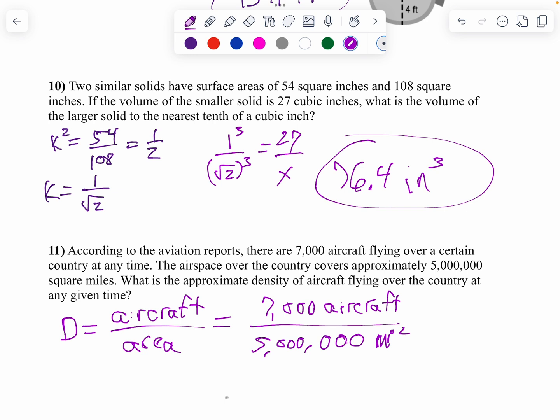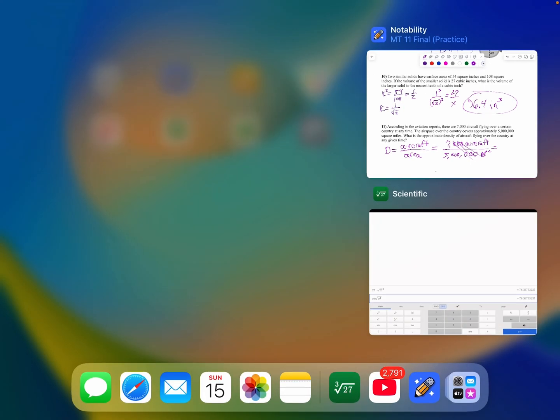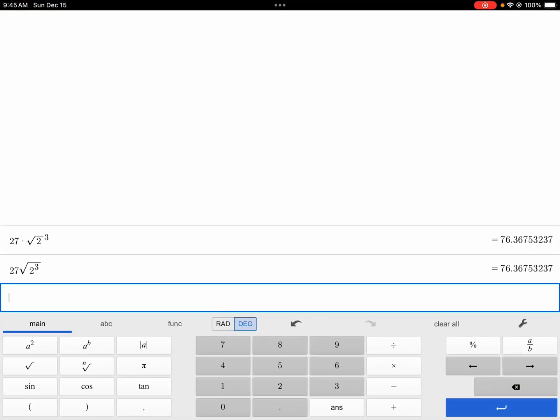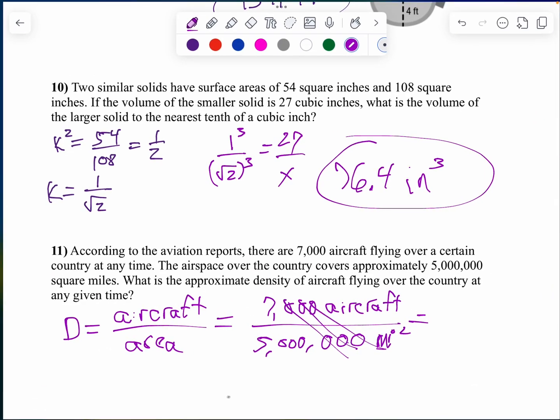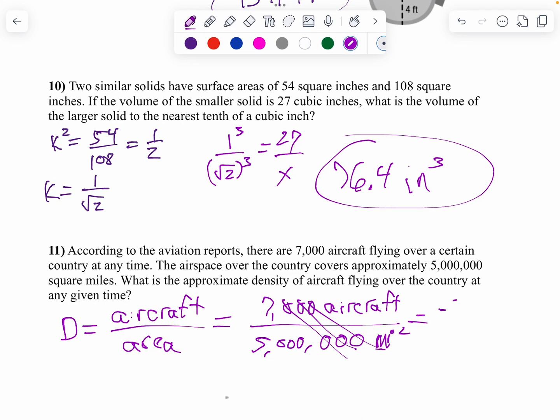Because I'm lazy, I don't want to type everything in, I notice I can reduce that to 7 to 5,000. That would be the density as a fraction, but we usually don't write density as a fraction, so let's divide it out. So we're going to take 7 divided by 5,000, and we get 0.0014 aircraft per square mile.